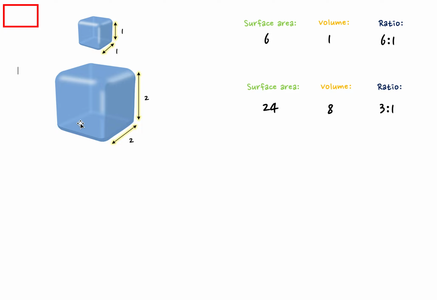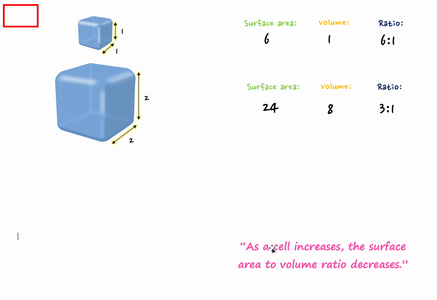As the cell increases, the surface area to volume ratio decreases. The volume gets much bigger while the surface area only gets a little bit bigger. That means the space on the inside gets much bigger while the walls, the membrane, don't get that much bigger. That's important to understand.